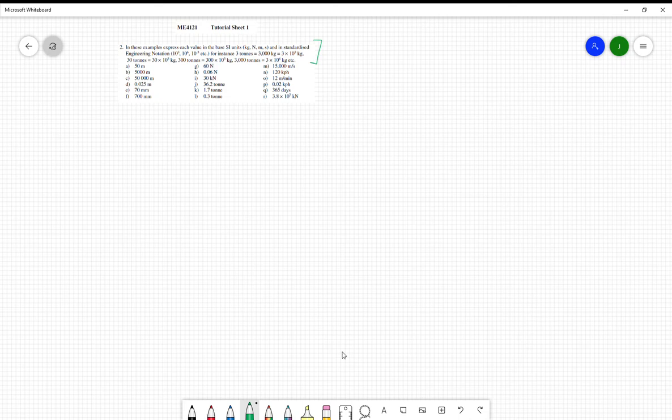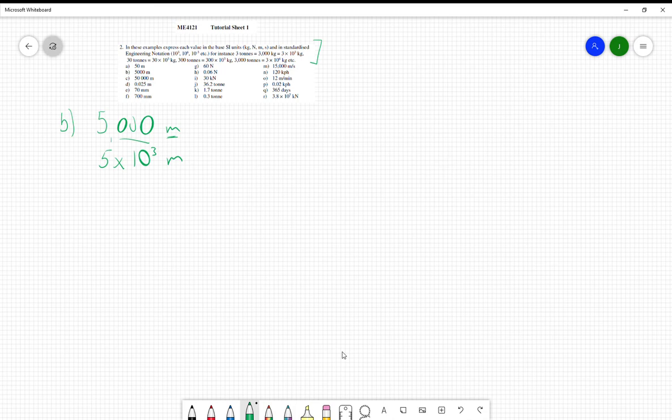Alright, so we'll just start off with a nice easy one here, which is B. It is presented as 5,000 meters. So half the work is already done because it is in the SI unit, meters. All we have to do is present it in engineering notation, which is 5 by 10 to the 3 meters.